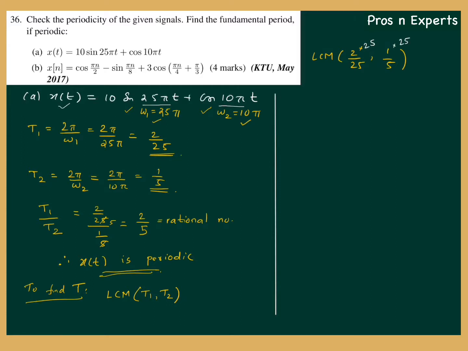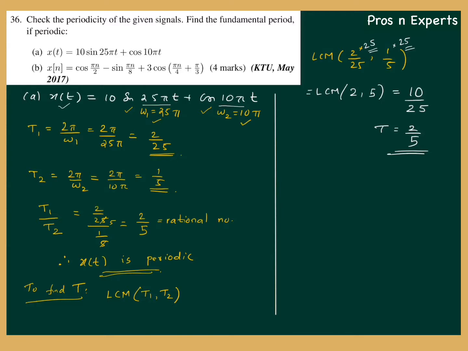Anyway, that gives the LCM of 2 comma 5, which is definitely 10. But remember, we multiplied by 25, so we have to divide by 25 also. That is the actual LCM. So 10 by 25 gives 2 by 5. So 2 by 5 is the actual time period of the signal.